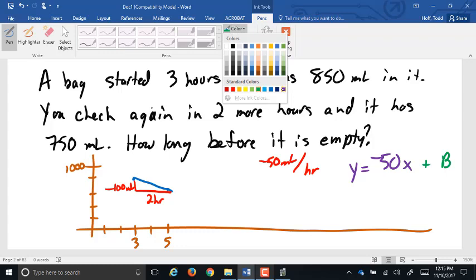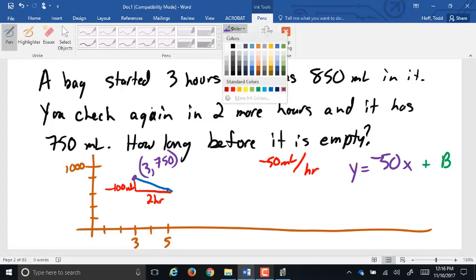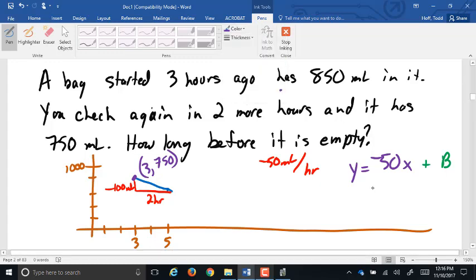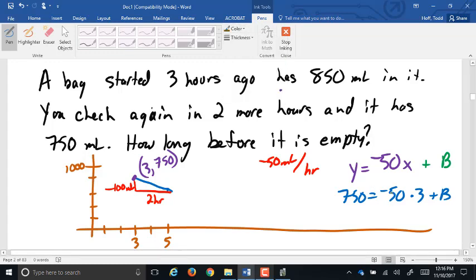To figure out how much this bag had in it to start, we can take either one of these points. This is 750, isn't it? So if x is 3 hours, y has to be 750 milliliters. Well, negative 50 times 3 is negative 150.